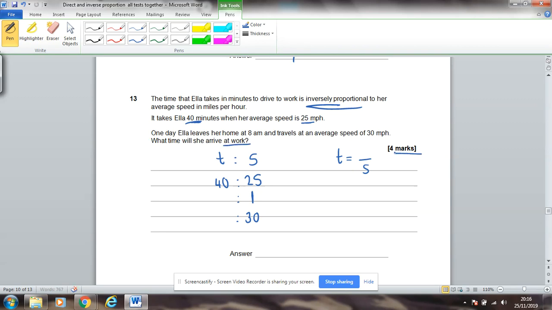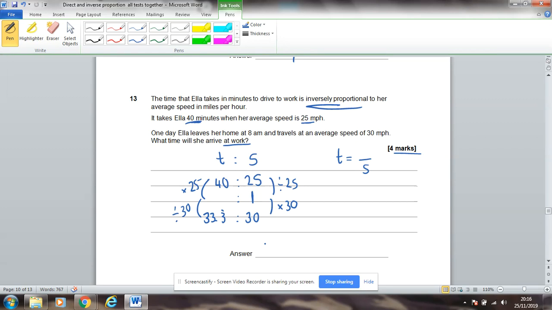So you can see this is worth 4 marks, but we can actually pick up a lot of marks here. So this is divide by 25, and then this is going to be times by 30. This is going to be times by 25, and divide by 30. So if I put in 40 times 25, divide 30, and I get 33.3 recurring.